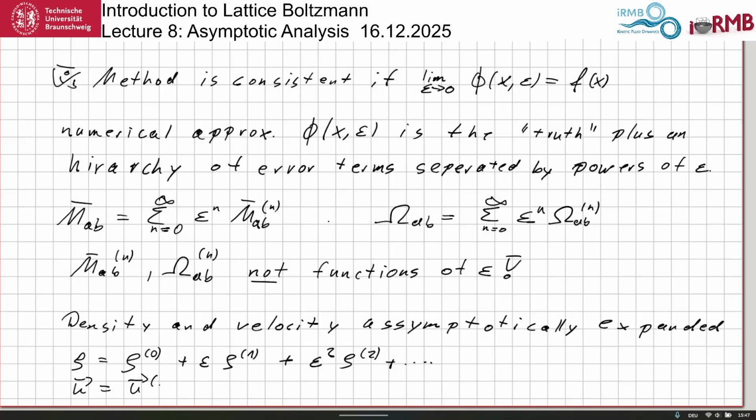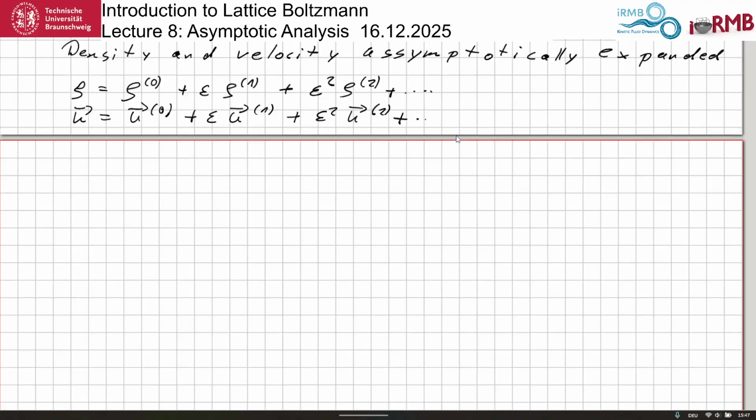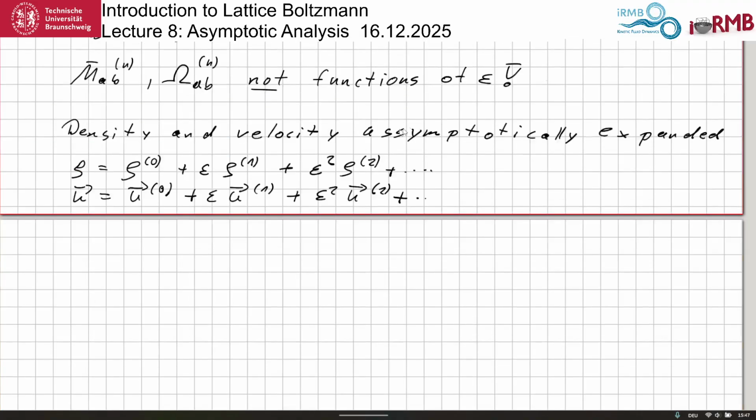We have u of 0 order plus epsilon u of first order plus epsilon squared u of second order, and so on. So we can expand our macroscopic variables, and only one of them will be the solution we are looking for, and all the others are the errors.